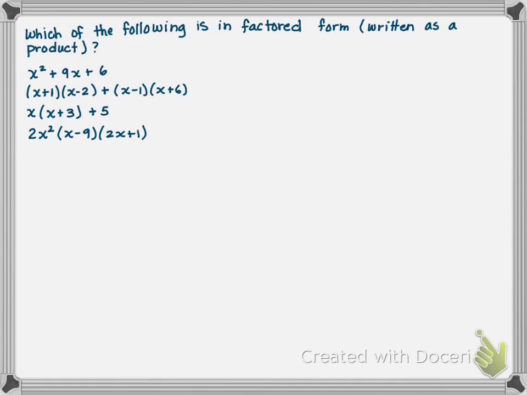Plus 1, and then we'll do (2x squared plus x minus 9) times (2x plus 1).